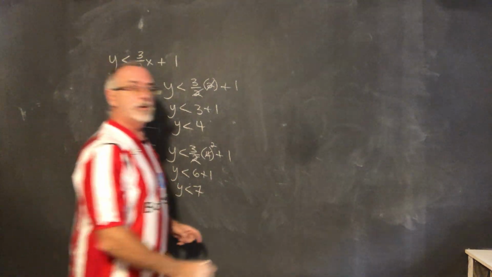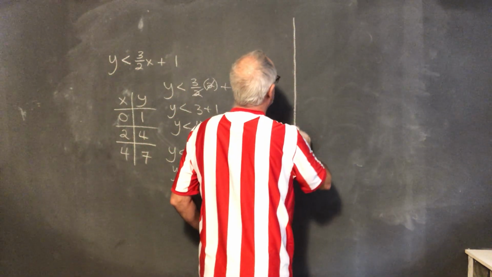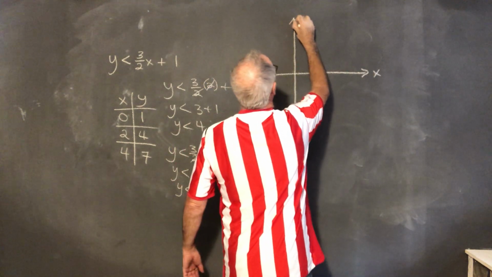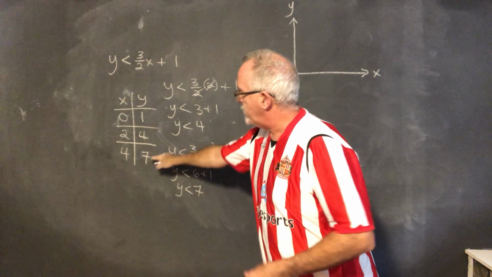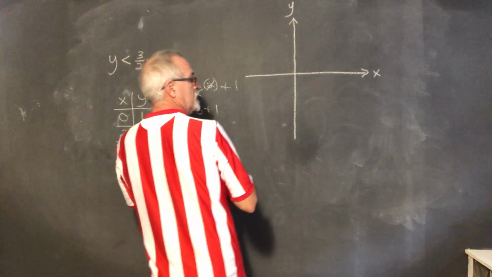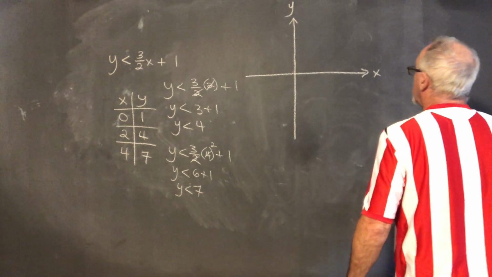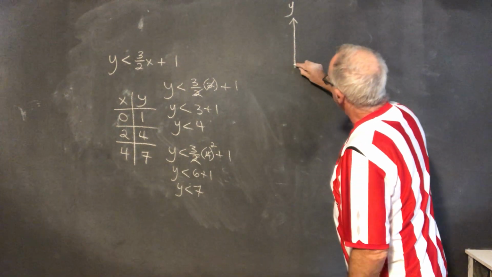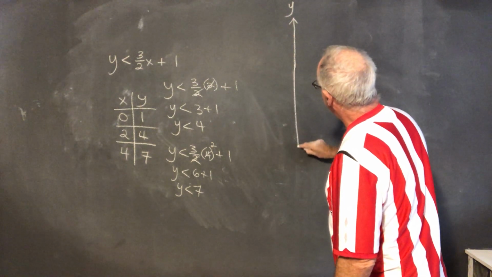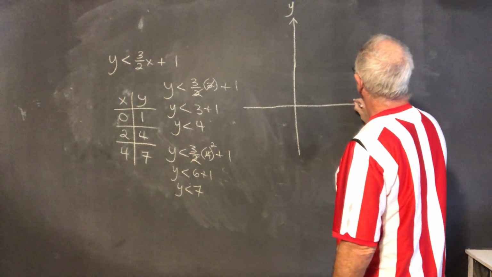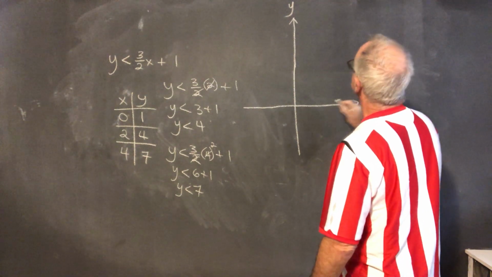Now I want to graph this. I do have a biggish number like a 7 here on my y-axis. So what I'm going to do is erase and just draw my y-axis a bit longer and put my x-axis lower so that I can make sure that that 7 fits easily.